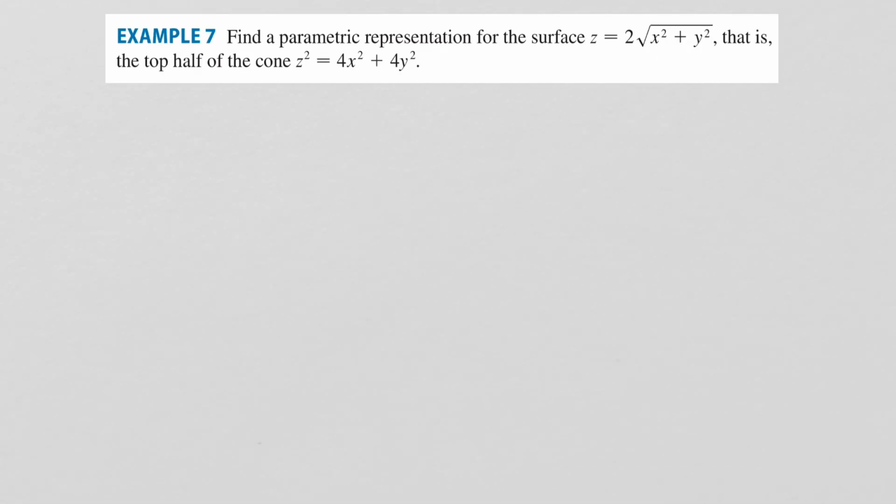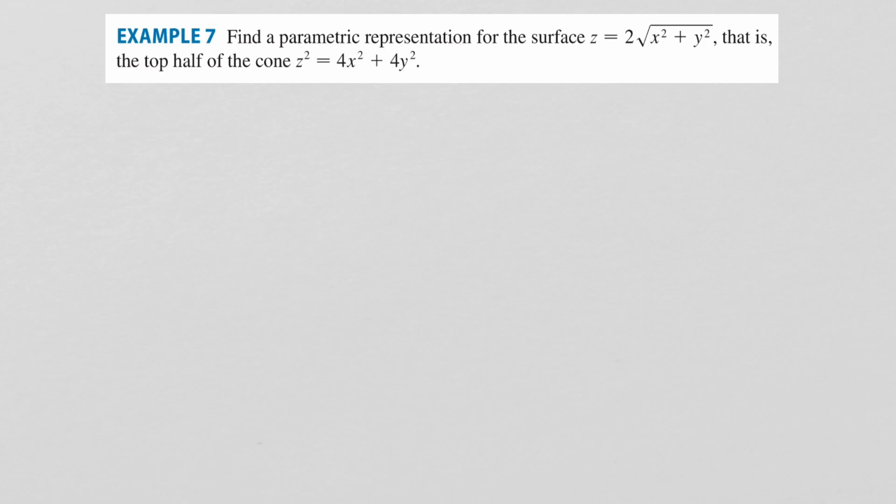In the next example, we wish to find a parametric representation for the surface z equals 2 times the square root of x squared plus y squared, and that is the top half of the cone z squared equals 4x squared plus 4y squared.